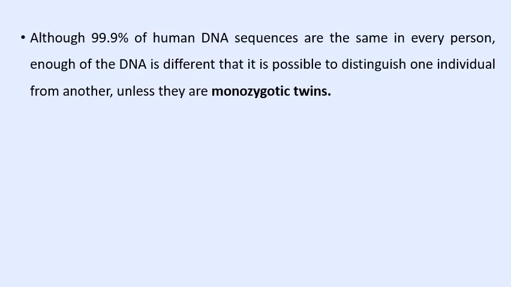Although 99.9% of human DNA sequences are the same in every person, only 0.1% is different, and that is enough to distinguish one individual from another, unless they are monozygotic twins or identical twins.